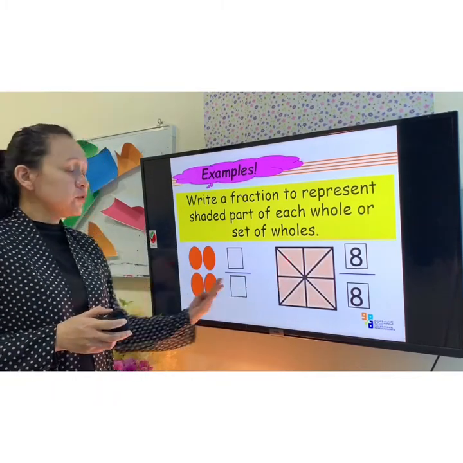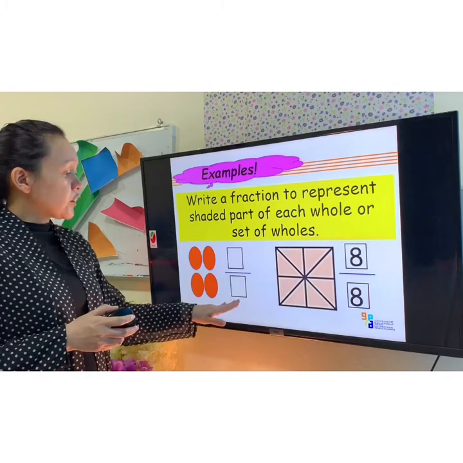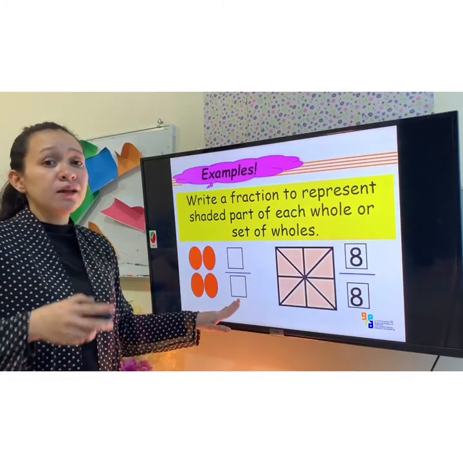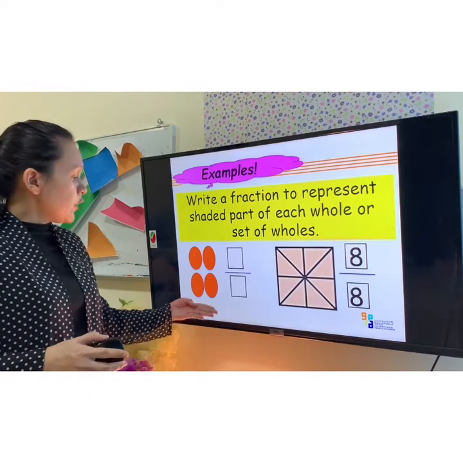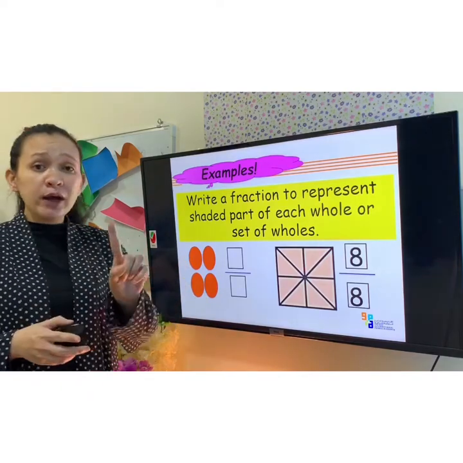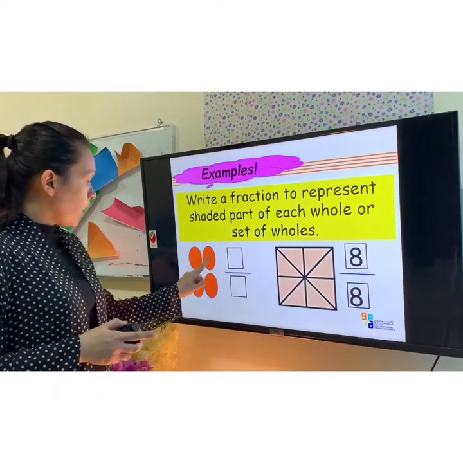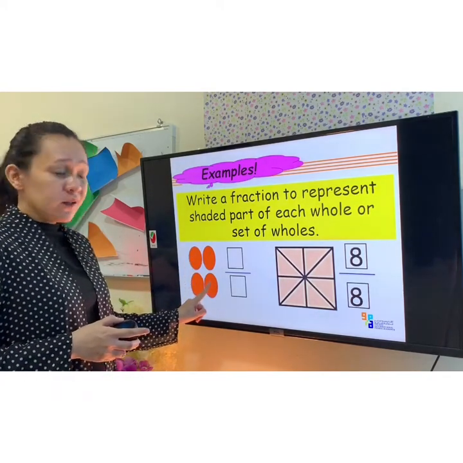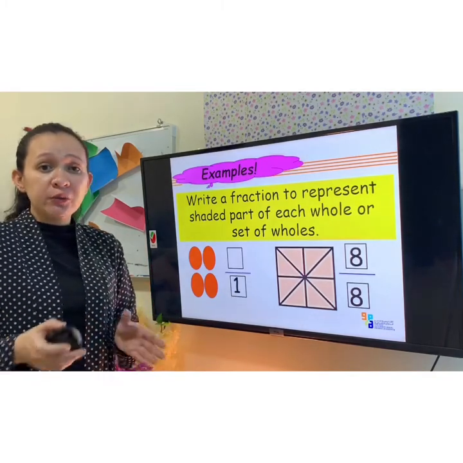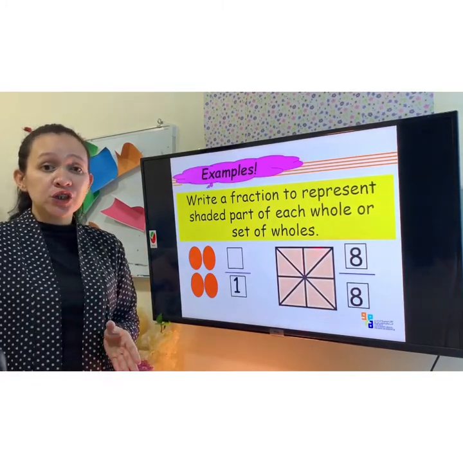Now we are going to move here. So we will start with our denominator. Remember again, denominator, the total number of parts. If you have noticed, in this set of wholes, there is only one part. One part, 1, 1, and 1. So we are going to put 1 here. How about our numerator? The number of parts shaded in.